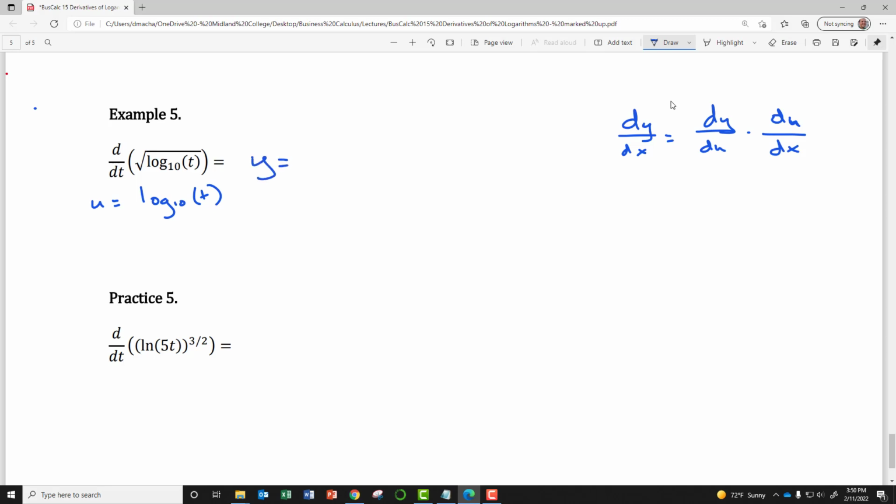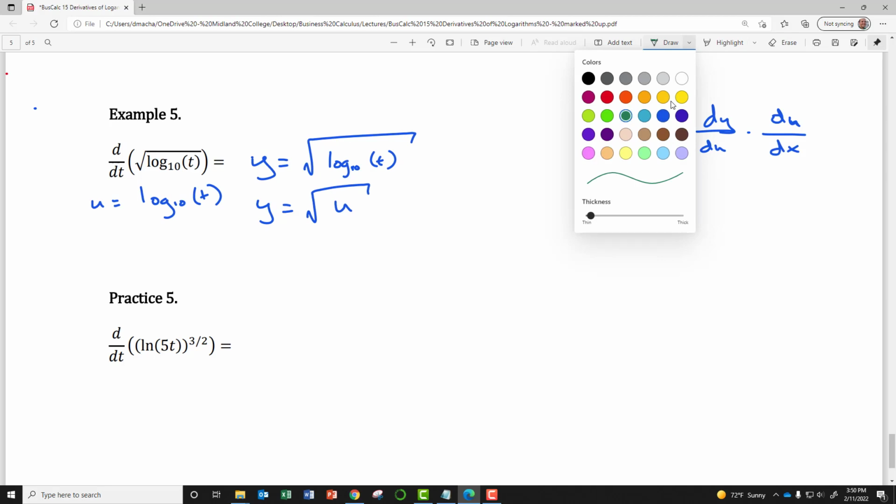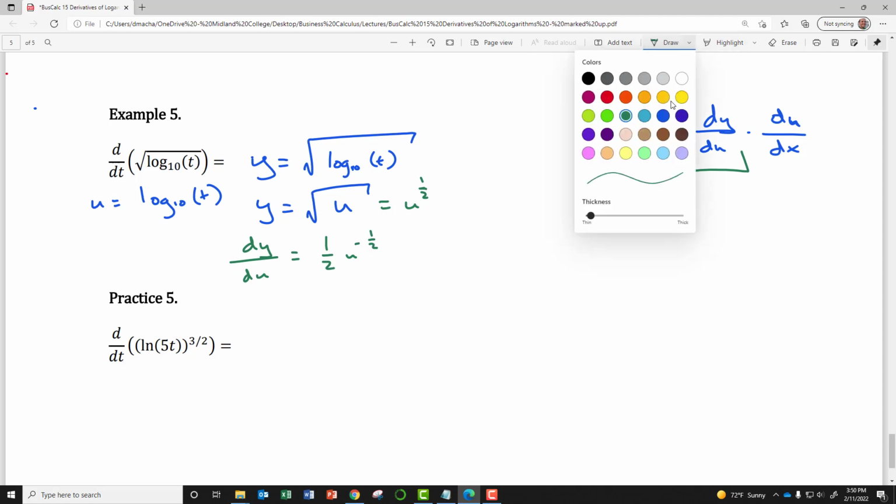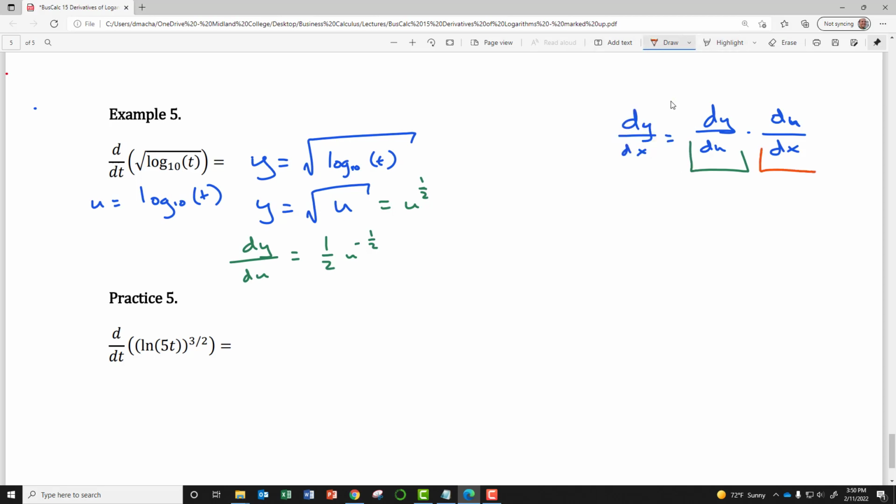And that is a good choice of u, because if I let y be the function square root of log base 10 of t, now y is just the square root of u. So first, we say what's the derivative of y with respect to u? Well, square root of u is just u to the half power. So power rule tells me this is going to be 1/2 u to the negative 1/2 power. Good. And move on to du dx.